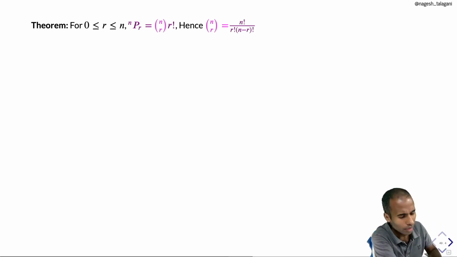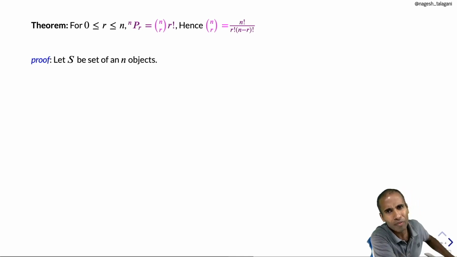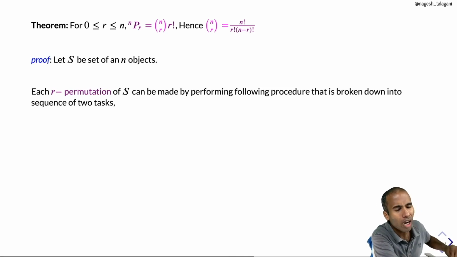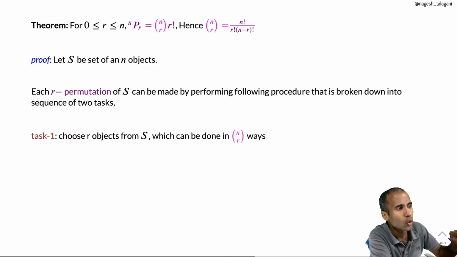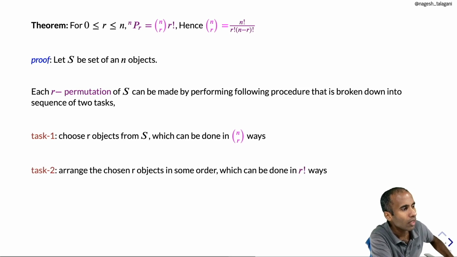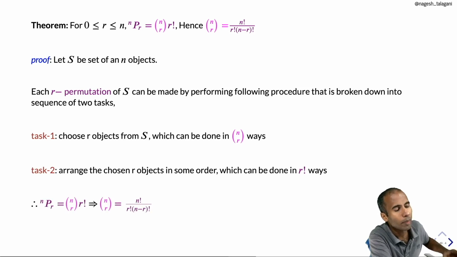Let S be a set of n objects. Each r-permutation of S can be made by performing the following procedure, broken down into two tasks. Task 1: choose r objects from S, which can be done in n choose r ways. Task 2: arrange the chosen r objects in some order, which can be done in r factorial ways. By the product rule, this procedure can be done in n choose r times r factorial ways.